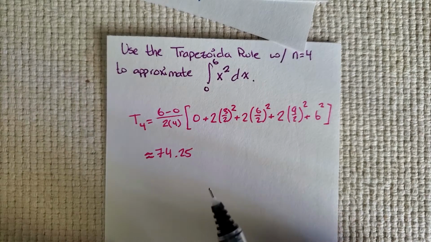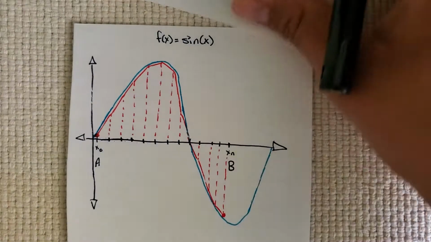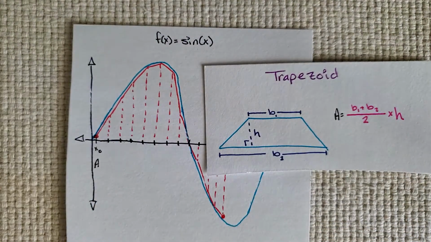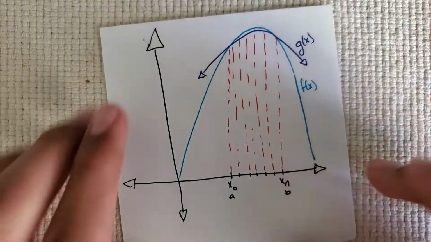But one way we can actually get closer to this is, instead of using trapezoids as we have been doing before, and instead of using these geometric figures, we can actually use parabolas to gain a better understanding of what the integral might be.